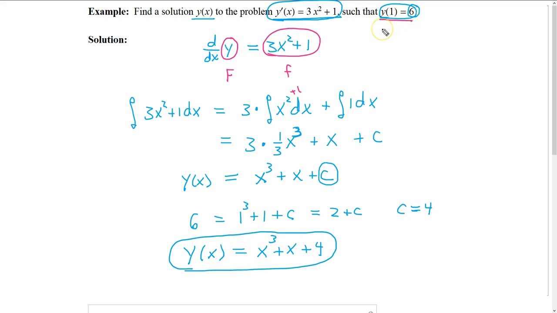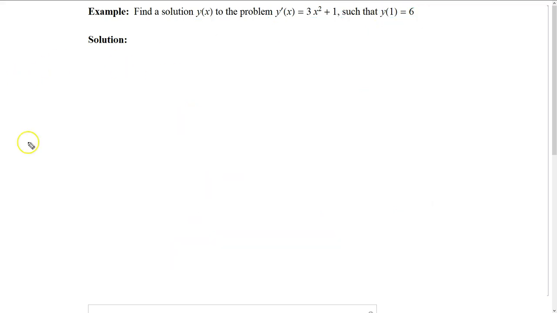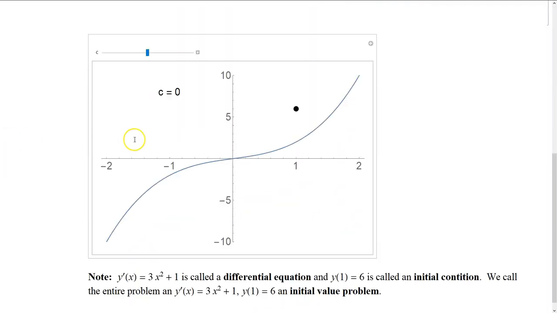Now let's take a look at graphically what's going on here. This blue curve represents a function like y equals x cubed plus x plus some constant c.